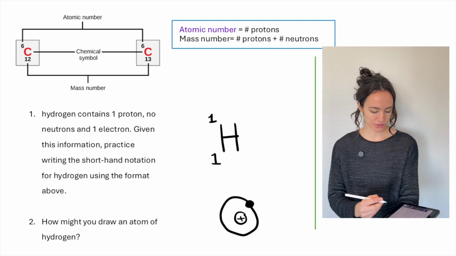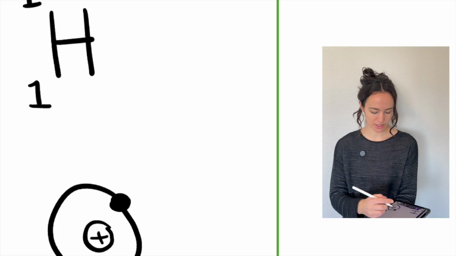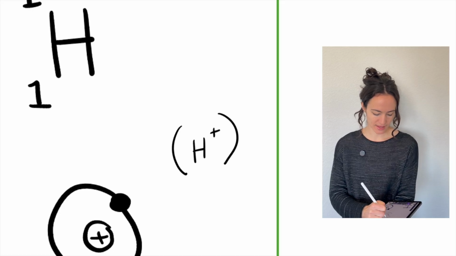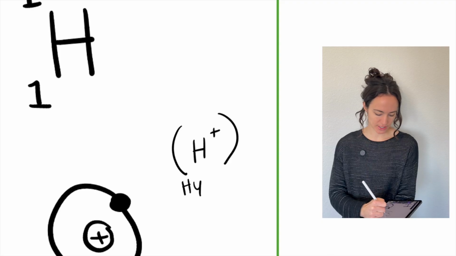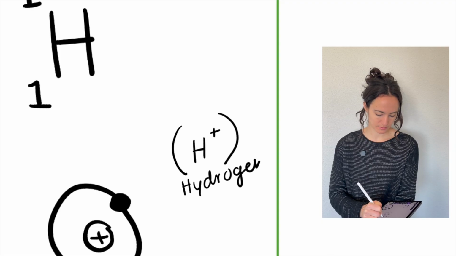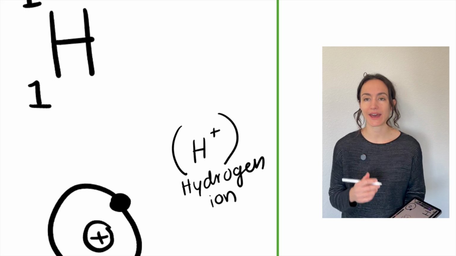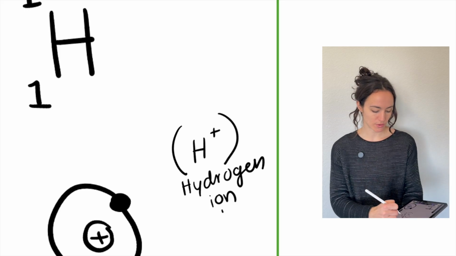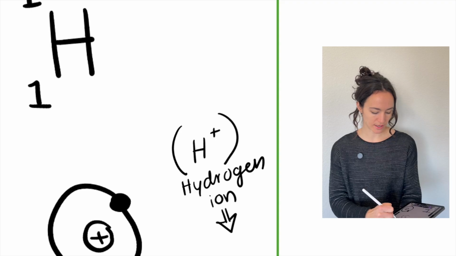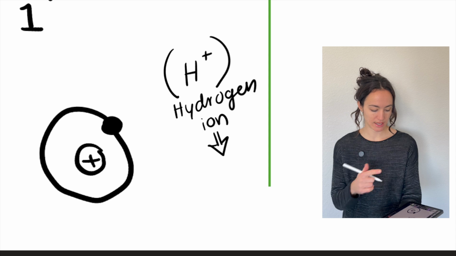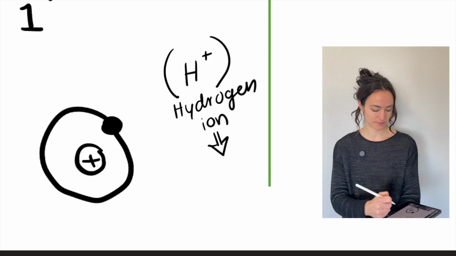As a side note, as we're moving forward in chemistry, you're going to see H+. This is the hydrogen ion. An ion is when we have an atom that has a certain charge to it. So the hydrogen ion is when this hydrogen atom, which usually has a proton and an electron, loses its electron.